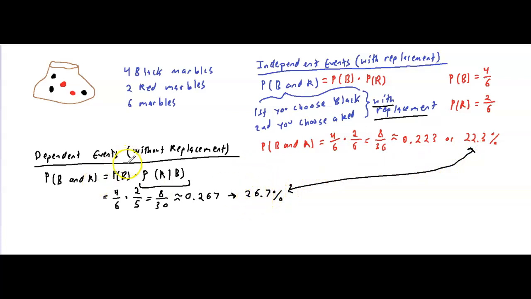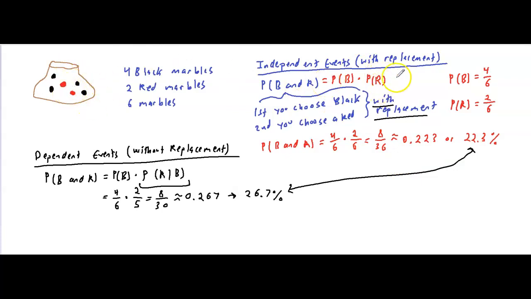And so you could even compare that these probabilities are different. We have a higher percent chance of pulling a black and then a red when we don't replace the black marble, versus when we do replace the black marble, where we have less chance. You could ask yourself why that's actually true. In the original problem, we had 4 black marbles and 2 red marbles.